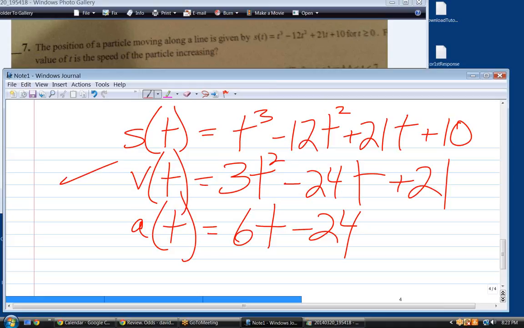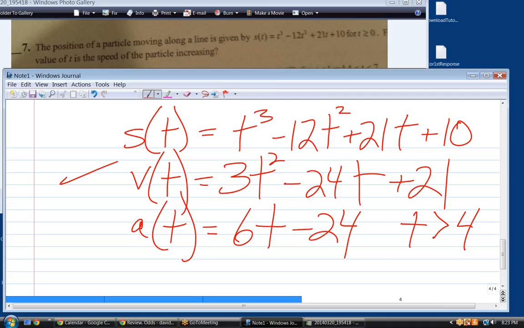Acceleration is positive whenever t is greater than 4. Acceleration is positive, but that's what we want, is acceleration being positive. Let's see, if acceleration is negative, that means, I always have to think about this.